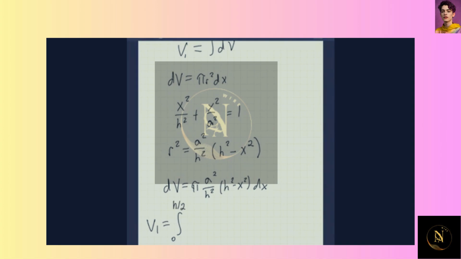And now we can find the volume of component 1. We'll be integrating from 0 to the height of the semiellipsoid over 2 for the first component. And we can plug in dV.